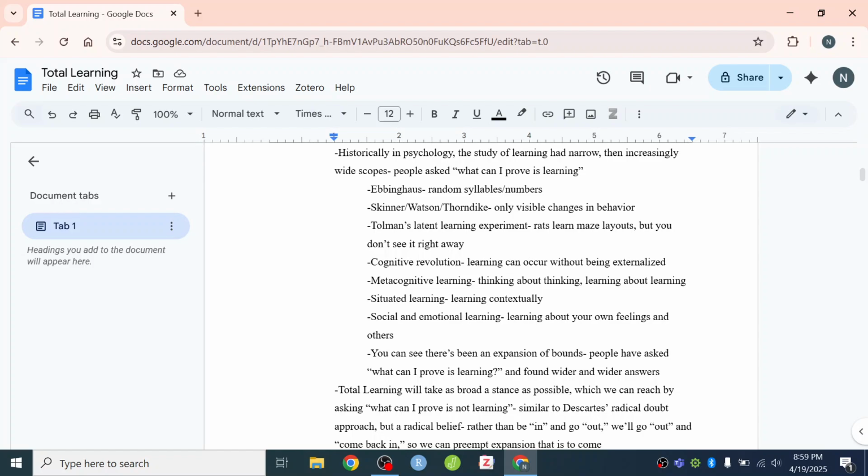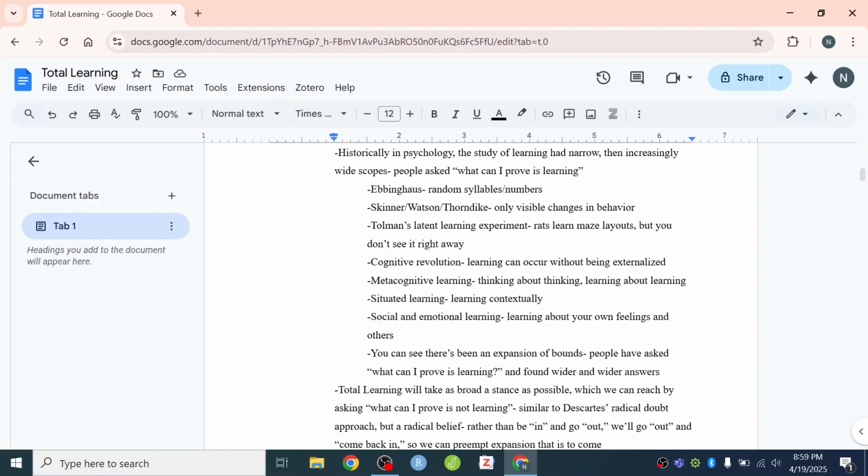And spinning out of the cognitive revolution, we see concepts of metacognitive learning, thinking about thinking, learning about learning, and situated learning, the idea that you can learn something in a specific context which does not apply to other contexts. And conversely, you can learn something that does apply to multiple contexts. That's another way of thinking about learning.